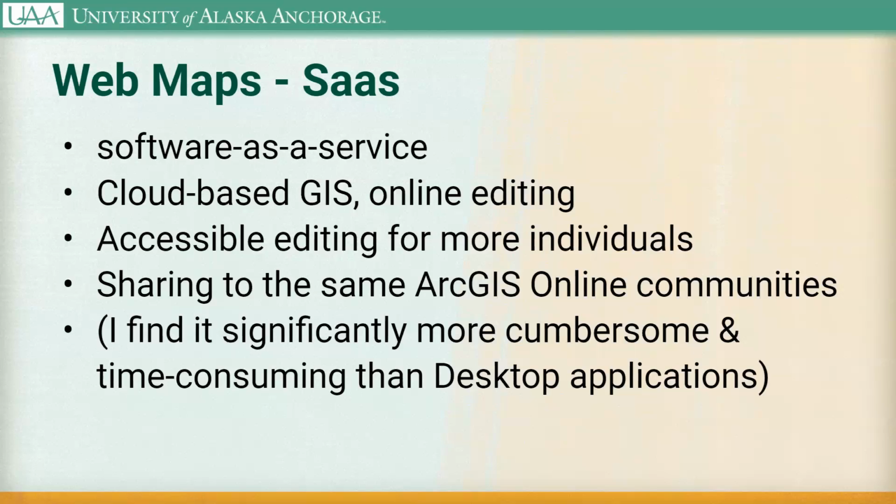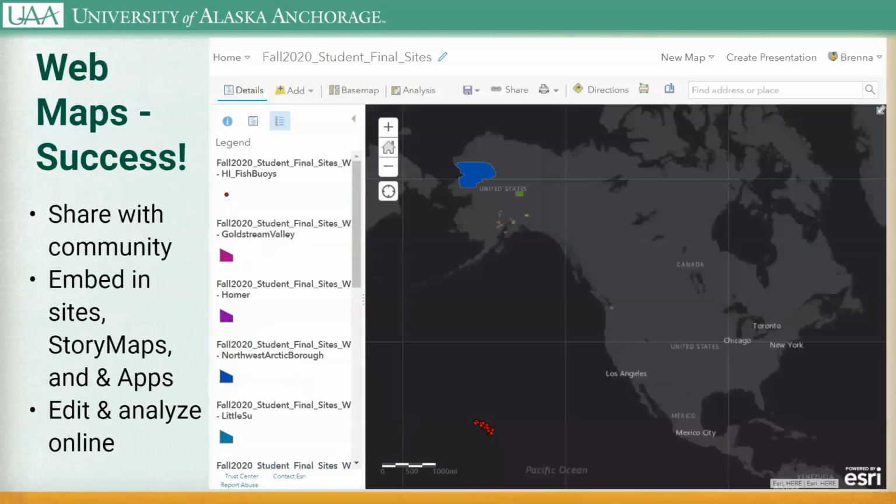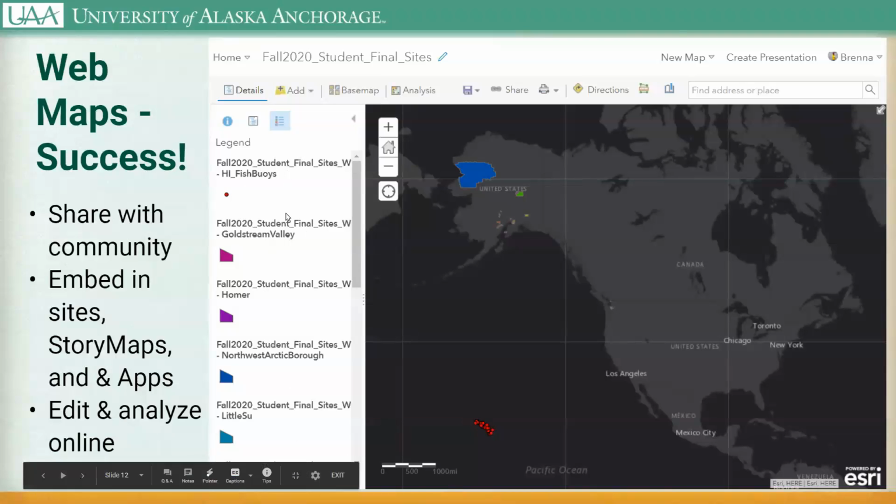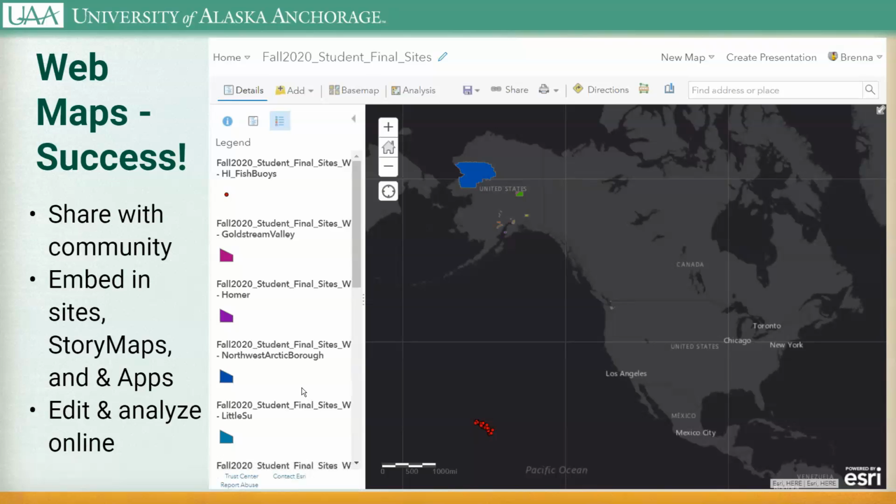It basically looks just like this example here, where you can add data, you can do some basic analysis, you can share, you can edit symbology right in here, but it's all going to be a lot more labor intensive and a lot more limited than what you could just do in an ArcGIS Pro environment and then publish it online.